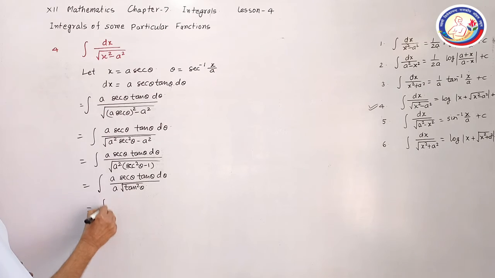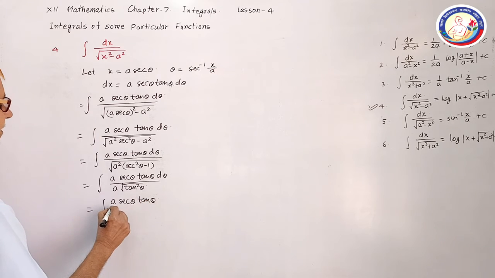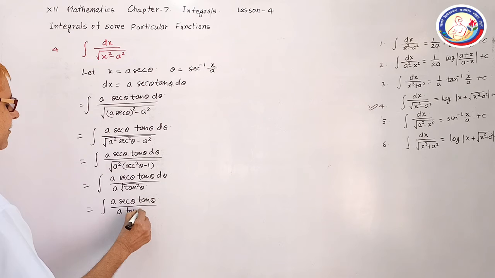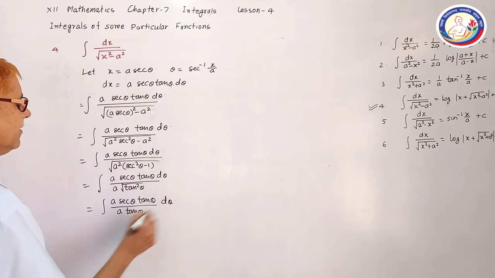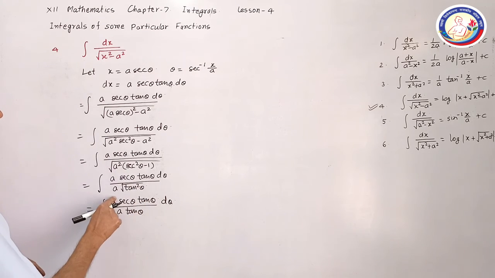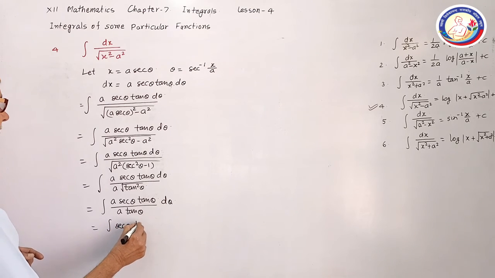Now take square root, we will get a sec theta tangent theta divided by a tangent theta, and d theta is obvious here, it is present here. Tangent theta cancels tangent theta. Tangent theta upon tangent theta is 1 and a by a is 1. So the final integrand will be sec theta d theta.